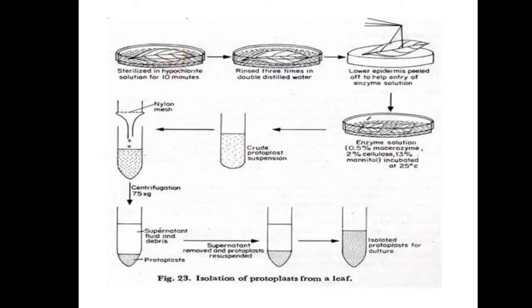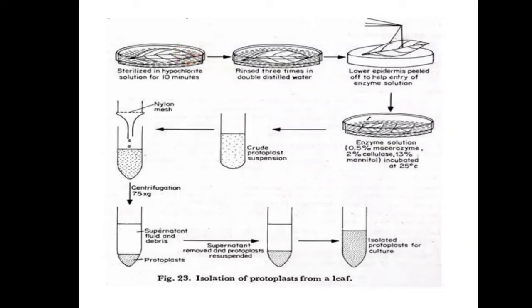The leaves are immersed in hypochlorite solution for about 10 minutes, and these are washed 3 times in double distilled water.